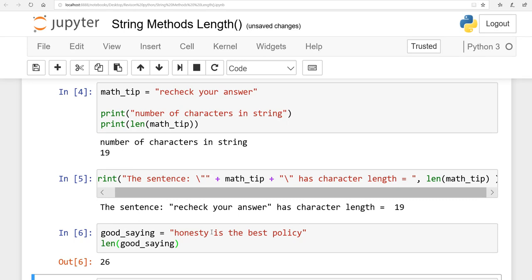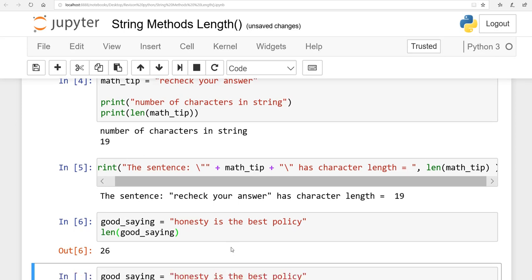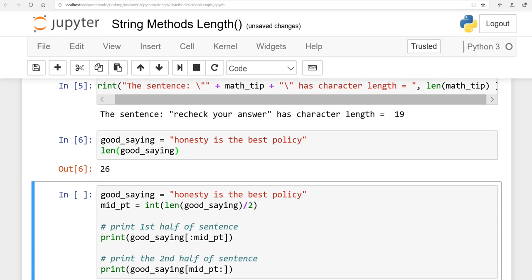Count it, you will find out. Count the space as well. This is now your job. You have to count it. It should be 26, right? If I ask what is the midpoint of this 26? 13, right? 1, 2, 3, 4, 5, 6, 7, 8, 9, 10, and this space here is the 13th, half.